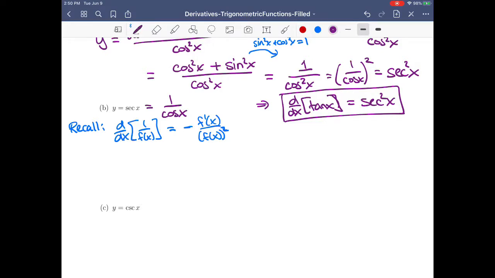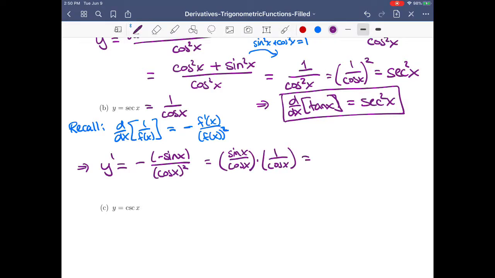But if we use this rule, then y prime is negative the derivative of cosine, so negative sine x over cos of x squared. So that's going to be positive, and I'm going to rewrite it as sine x over cos x times 1 over cos x.